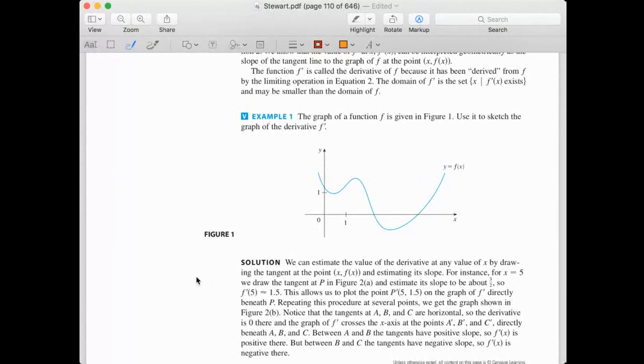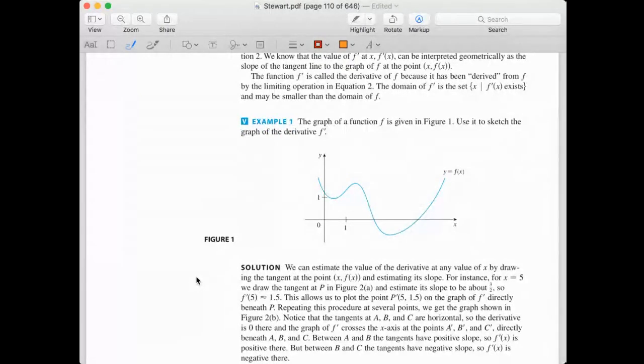Okay, let's see this example. The graph of a function f is given here. This is a polynomial function, right? How many wiggles? One wiggle, two wiggles, three wiggles. So we know this is a polynomial of degree 4 according to our pre-calculus class knowledge.